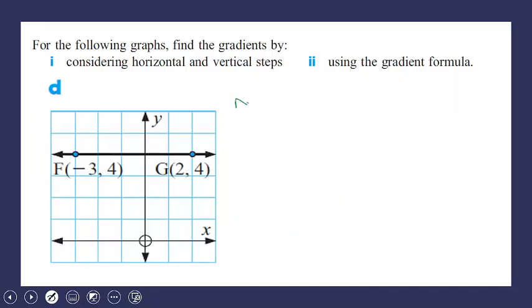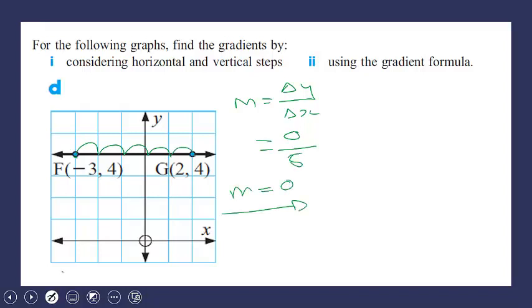And the last one, M equals change in Y over change in X. So from F to G, my Y doesn't change, so that's 0 over change in X. 1, 2, 3, 4, 5. 0 over 5, so M equals 0. Gradient formula, M equals y2 minus y1 over x2 minus x1, which equals, let's make this 1 and that's 2.